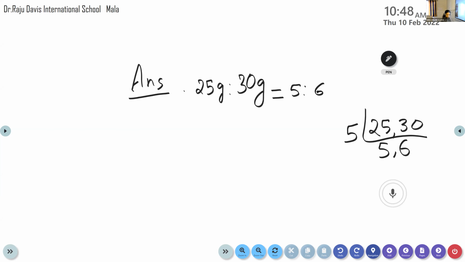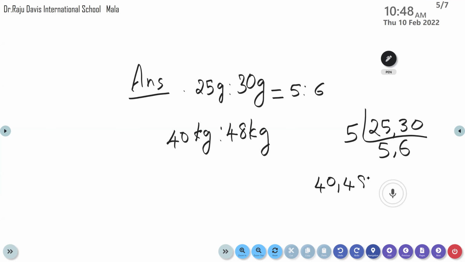Second one, 40 kilogram is to 48 kilogram. That also you can do on the side. Do it like this, find the HCF of both the numbers together. Then it will be easy. 5, 6. So here also we can write 5:6.